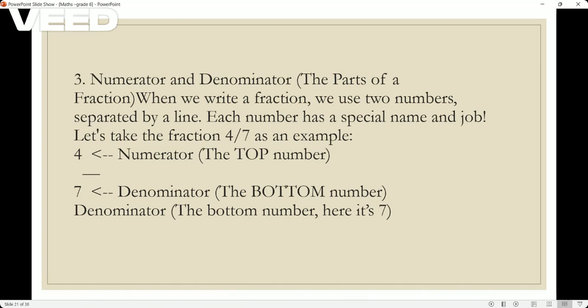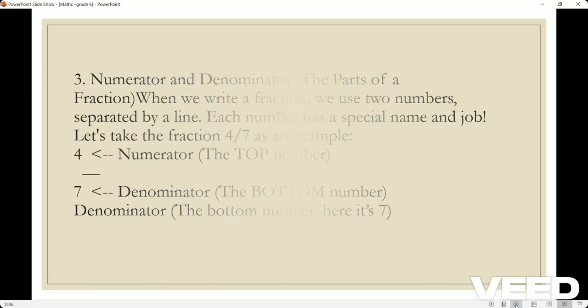The top one is 4. So 4 is the numerator. Remember, the top number is always the numerator and the bottom number is always the denominator. So 7 is the denominator. The bottom number here is 7, so we call this the denominator. So let's move on.